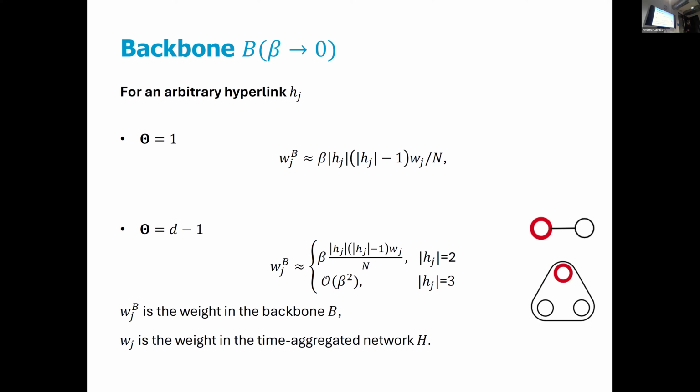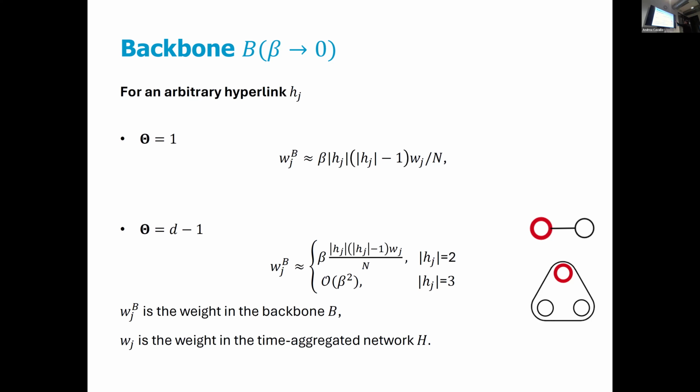We first study the limiting case when beta approaches 0. By using some basic probabilities, we can show that when beta approaches 0, the weight of a hyperlink in the backbone can be approximated by these formulas.